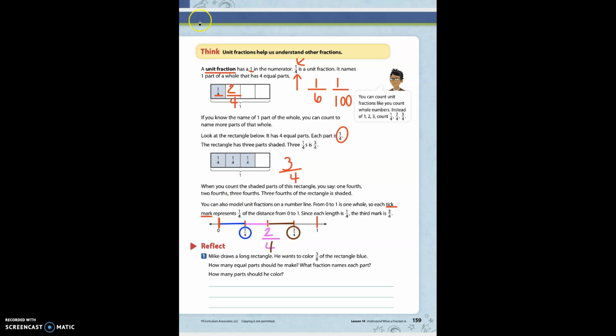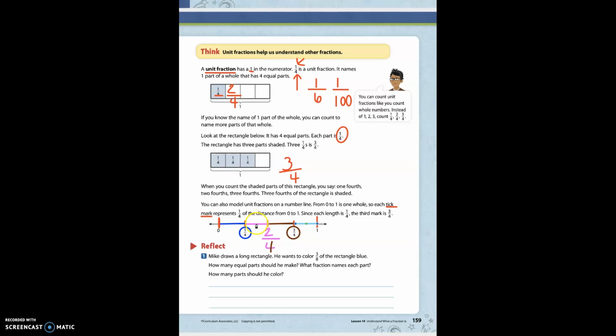And then last but not least, you have that last space from here to here. This is your last 1/4.